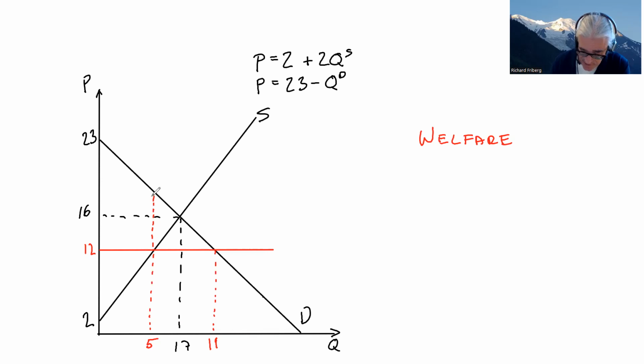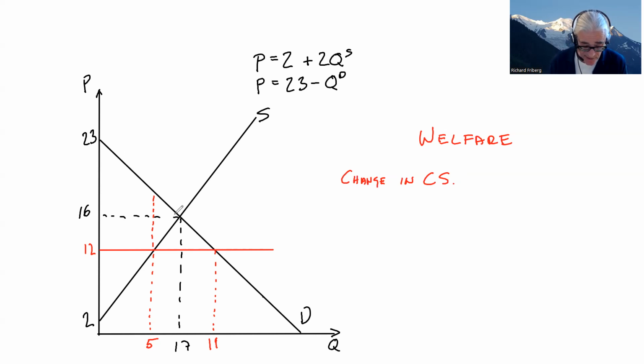Let's draw this up here, and simplify by looking at the change in consumer surplus first. Consumer surplus under perfect competition is given by the area between the price and demand up until the equilibrium quantity of 17, which we calculated in the previous example.